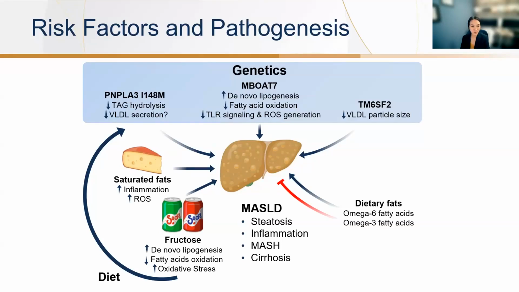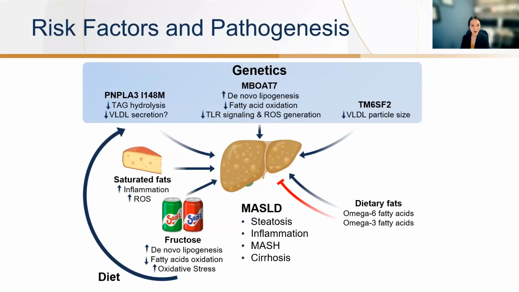Basically, they promote lipogenesis, decrease fatty acid oxidation, and affect the signaling and fat generation. We come with this blue box, we are born with it, so there's nothing you can change too much about it.